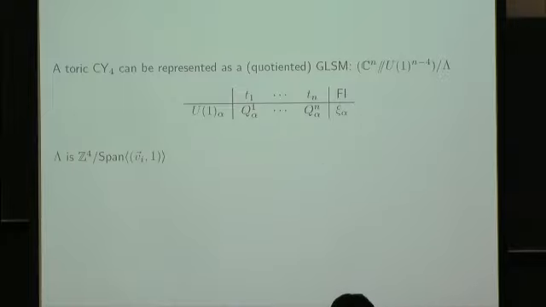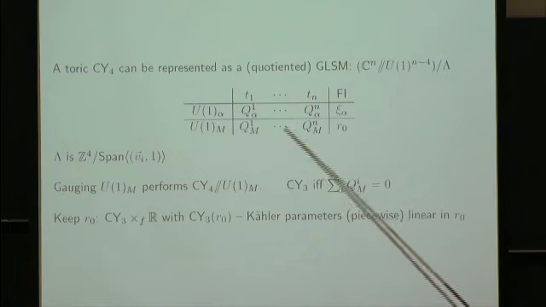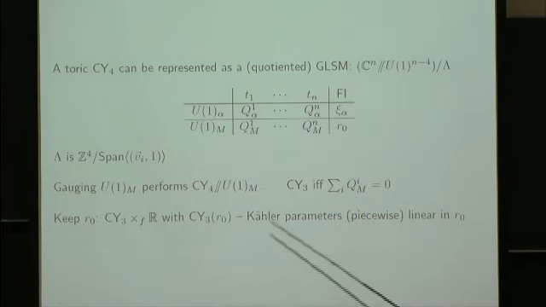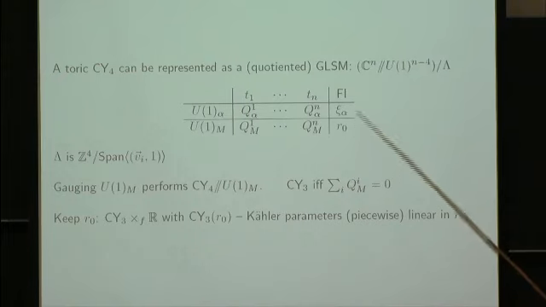Now, we want to compute this Kähler quotient by U(1)_M, and it's very simple. We just have to add another row here, given by some charges. Whenever these charges sum up to 0, we get a Calabi-Yau 3. So this gives us a parameterization of the choices of reductions that we can use to apply our program. From here we also get a better understanding of the geometry, because there are Fayet-Iliopoulos terms.